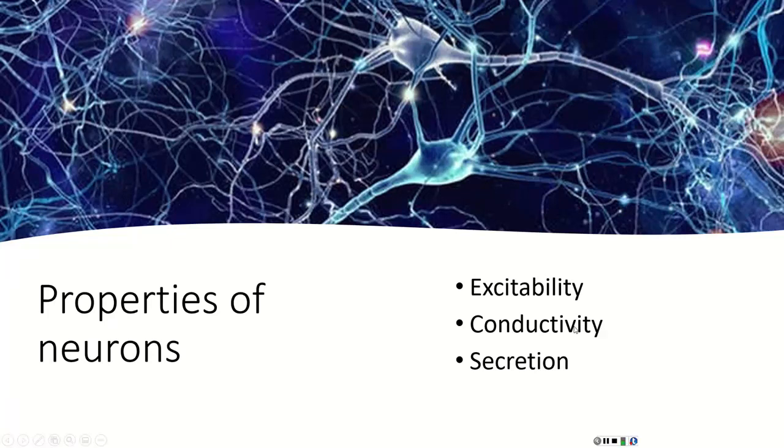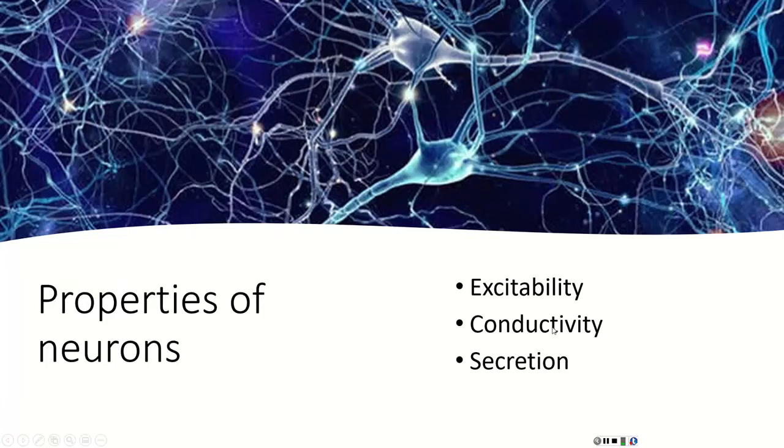Now, I'm going to continue using the words electrical signals today and part of our next lecture. But I'm eventually going to transition and start using the words action potential. When you hear the words action potential, that is an electrical signal. It's just a special type of electrical signal. But in general, we're right now talking about conductivity.